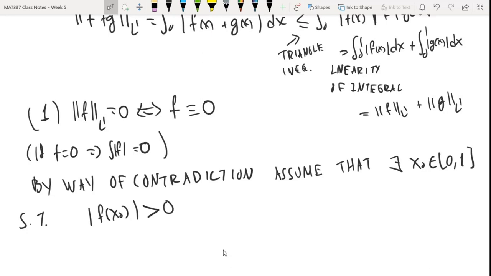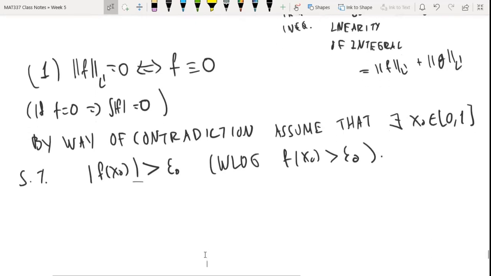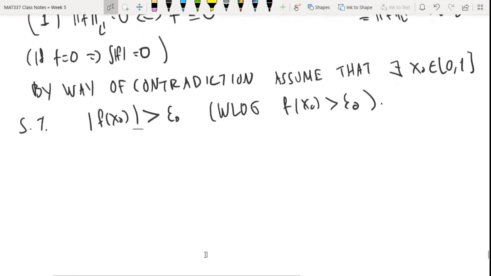Okay? So, in fact, we can put a little epsilon here. Without loss of generality, just take f of x naught bigger than epsilon naught. Otherwise, we can just take minus f and work with that. Okay. Now, we'll get a contradiction.